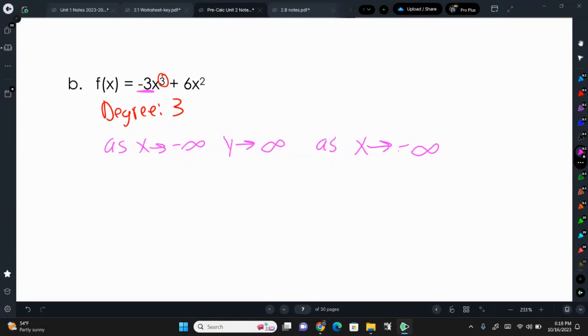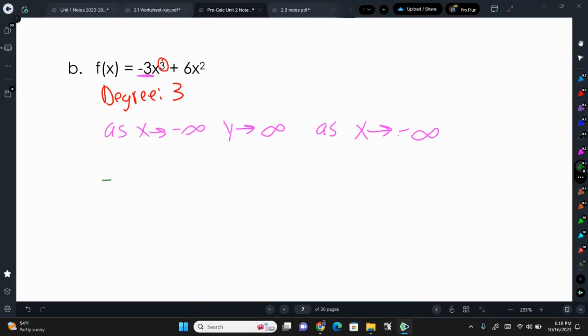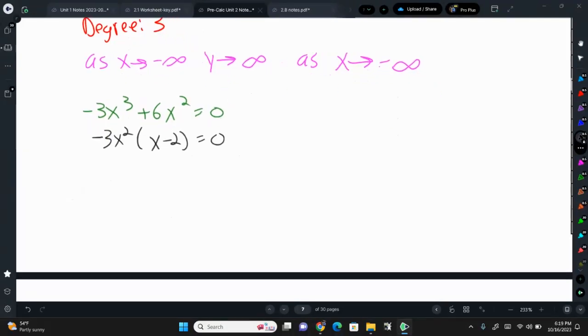Now, in order to get our intercepts, we have to set that equal to 0 and factor. So we can factor out a -3x squared, and that leaves us with x minus 2 equals 0. So then we can identify our x-intercepts.